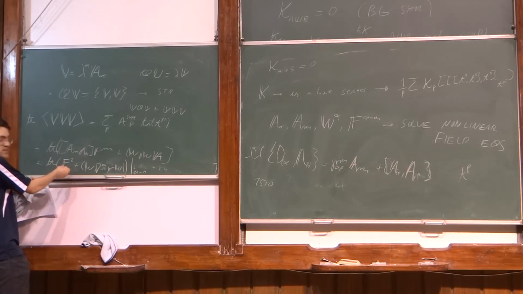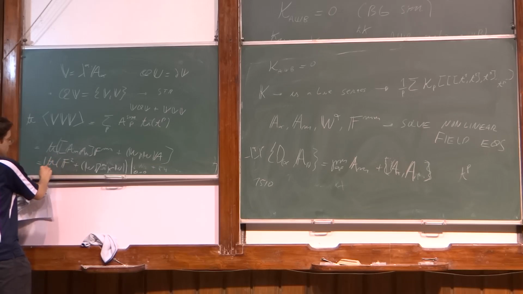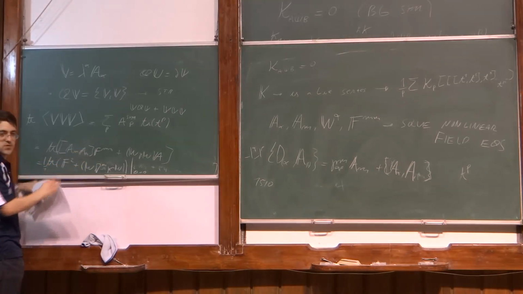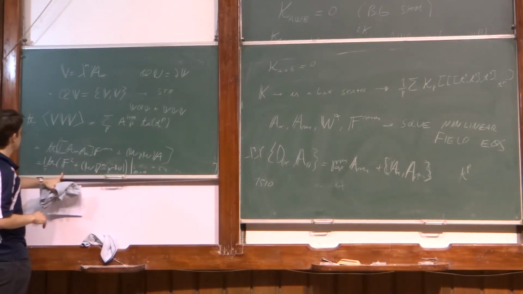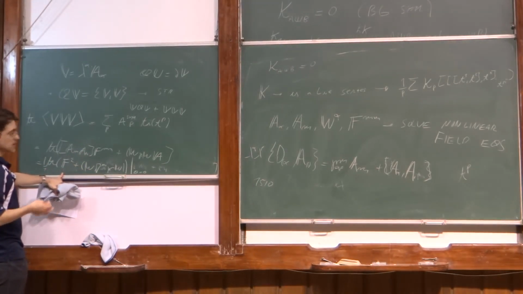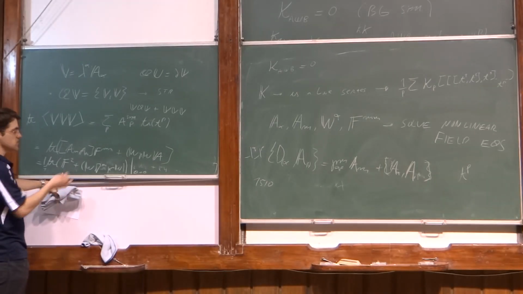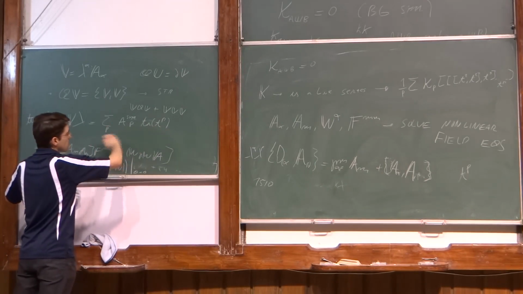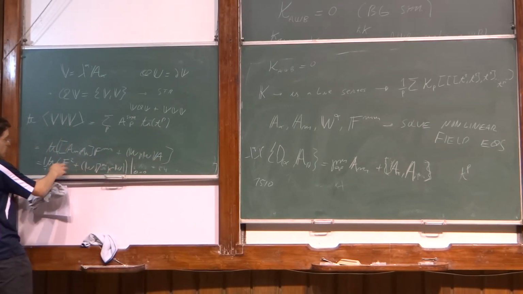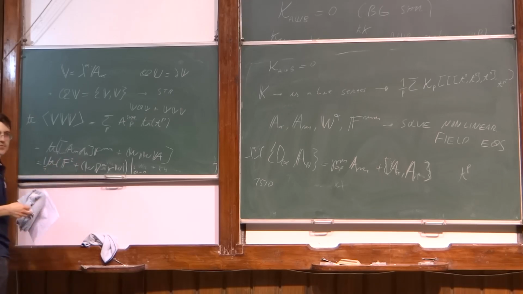You get the 1/4 there, and this is the super Yang-Mills action. So it's also a consistency check that you are summing over all amplitudes and recovering the action in this way. It's very interesting.